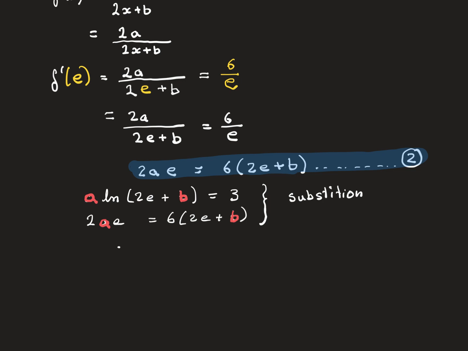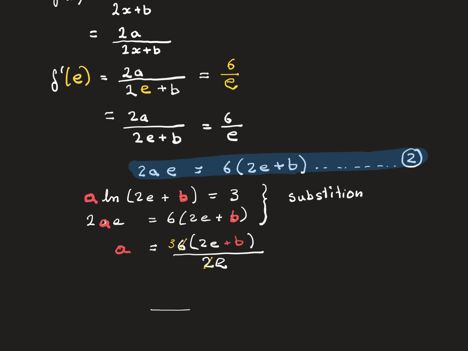That means a now is going to be equal to 6 times 2e plus b over 2e. It's always nice to see something simplifying, like the 6 and the 2 could be simplified over here. So that looks a lot better.